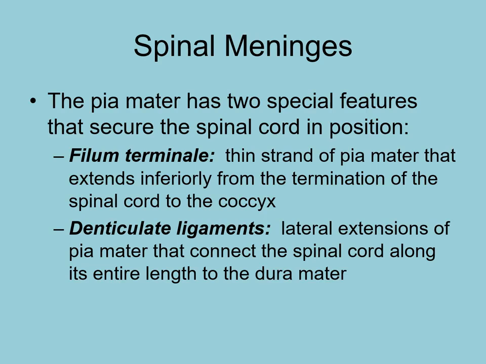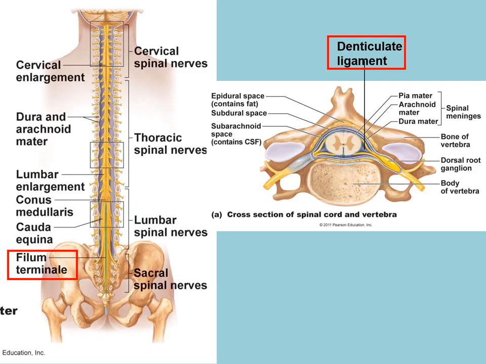And then you've got the denticulate ligaments, which are lateral extensions along the pia mater that connect the spinal cord throughout the entire length to the dura mater. So they keep it, once again, from sliding around. So you've got to attach to the spinal cord and then attach to the outer layers. As you can see here, these ligaments are attaching here.